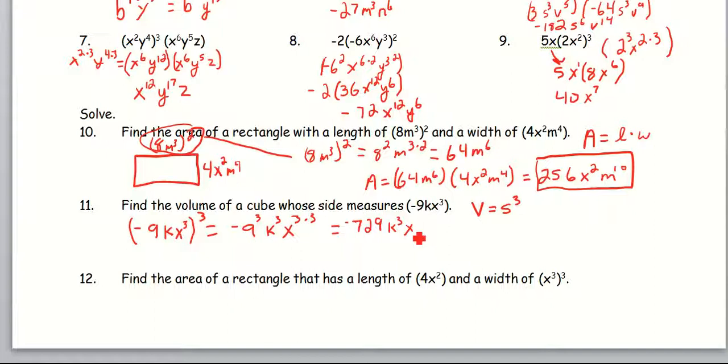Okay. Number 12. Okay, again, area is length times width. So the length is 4x squared.